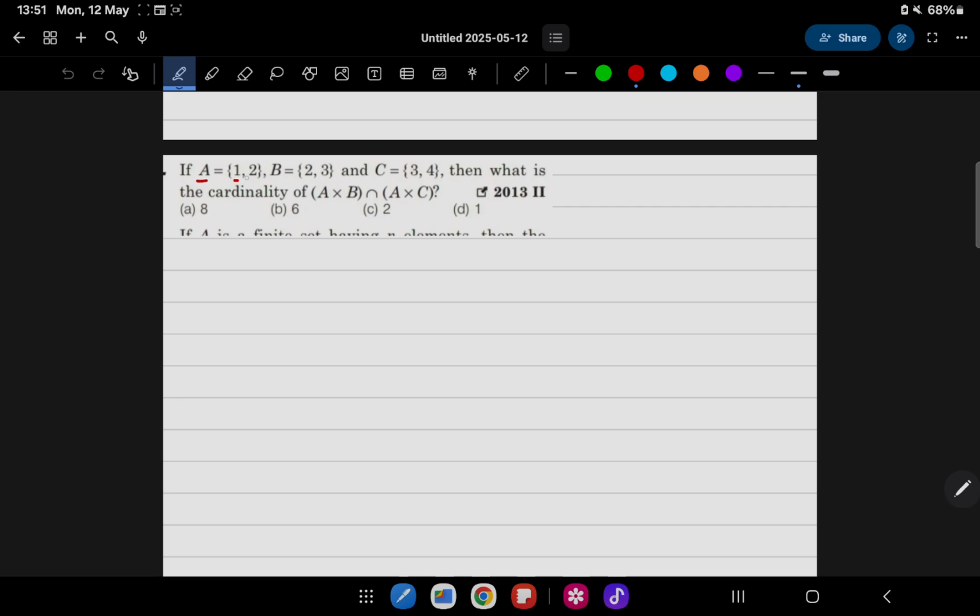A is a set of elements 1 and 2, B is a set of 2 and 3, and C is a set of 3 and 4. Then what is the cardinality of A cross B intersection A cross C? First we find A cross B and A cross C. A cross B is (1, 2), (1, 3), (2, 2) and (2, 3).